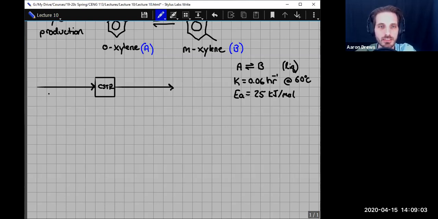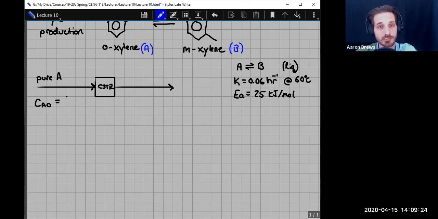So the inlet concentration is going to be pure xylene, specifically pure A, the orthoxylene that we've got. Because it is pure, this is a neat thing if you're ever worried about getting a concentration and you don't know what it is.